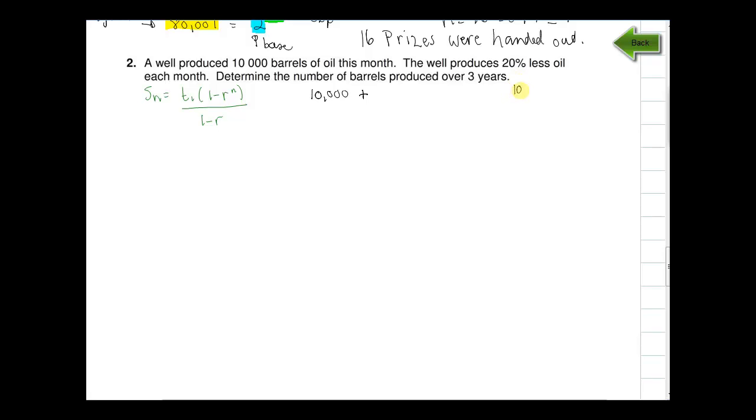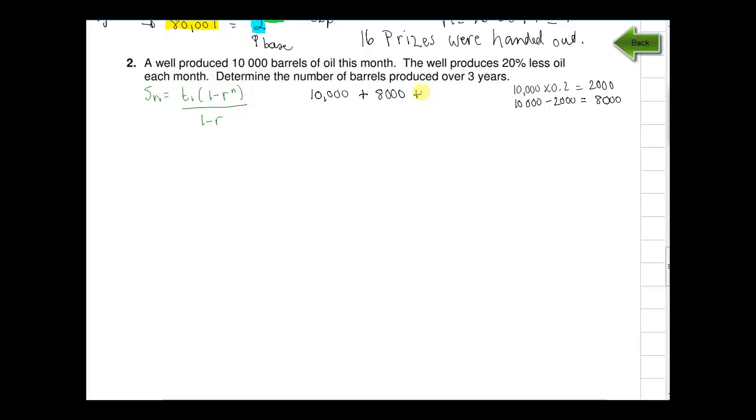So we're going to go 10,000 times 0.2. That gives us 2,000. And then we minus the 2,000 from the 10,000 and we get 8,000. So there are 8,000 barrels in the second month produced.